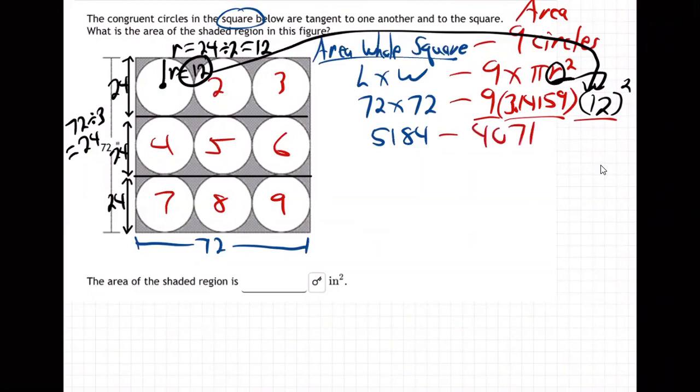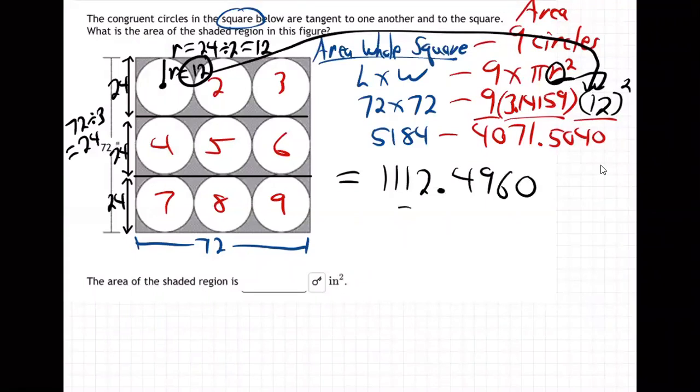I'm getting 4071.5040. Subtract those, and the answer is the difference between them: 1112.4960. There's the area of the shaded region.